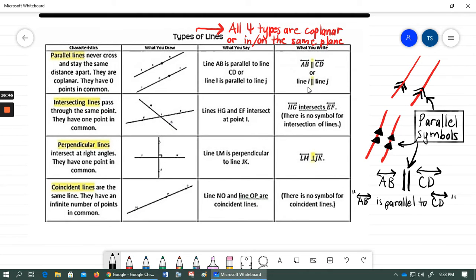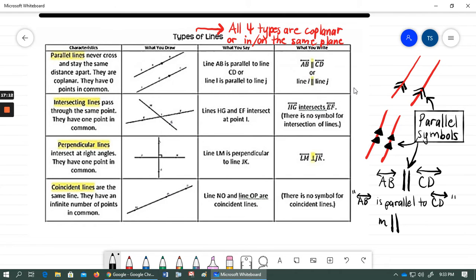Or it could say something like line L. Now, usually, folks, if the name of a line is written as an italicized lowercase letter, like line M is parallel to line N, they usually won't write the word line in front of it.